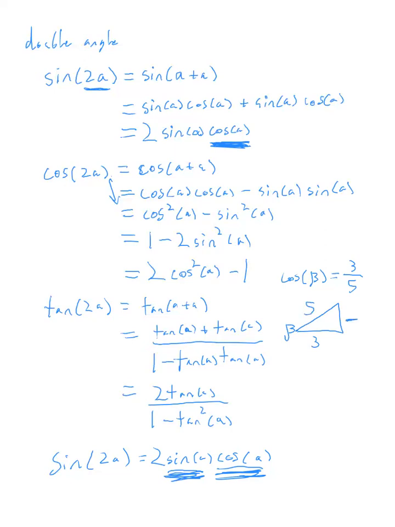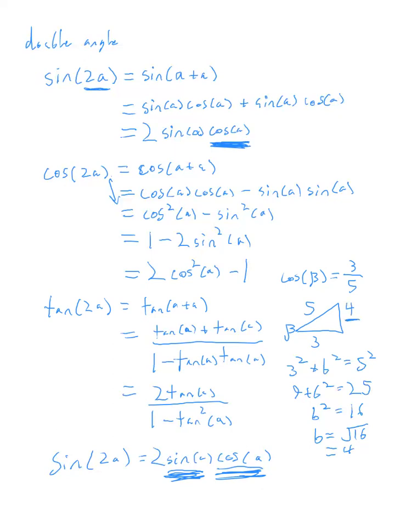And I want to know this missing side, so I can use the Pythagorean theorem to say 3 squared plus b squared is equal to 5 squared. So that's 9 plus b squared is equal to 25. So I subtract 9 from both sides to get b squared is 25 minus 9, which is 16. We say b is the square root of 16, which in this case turns out to just be 4.